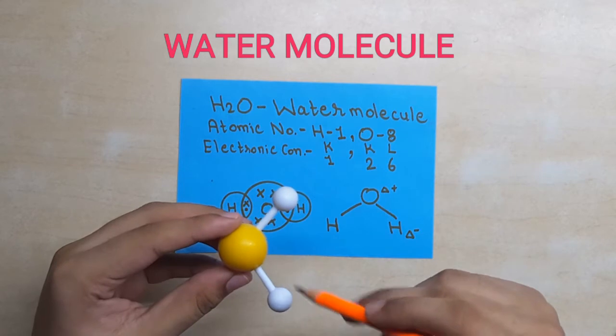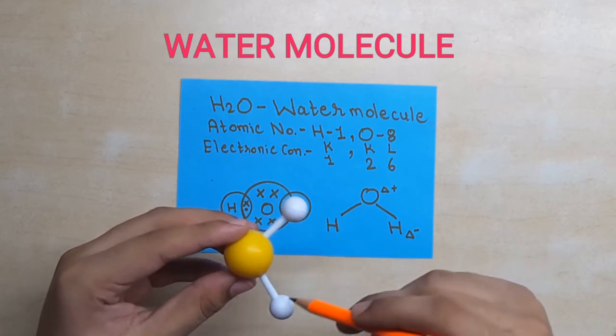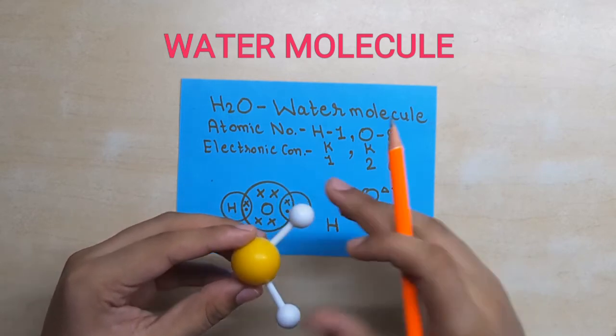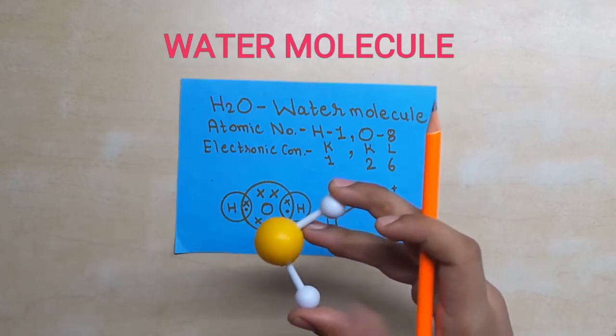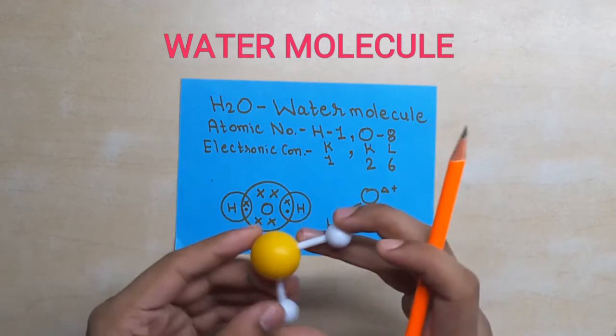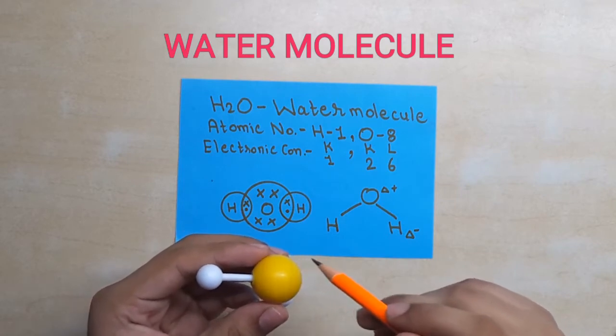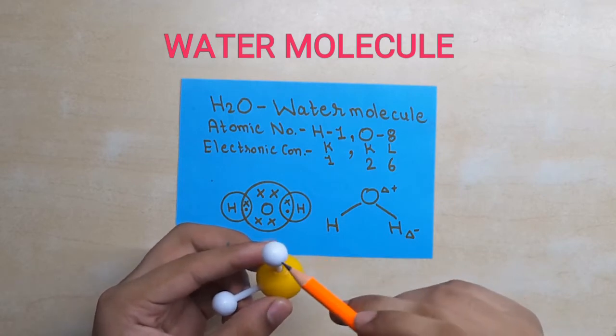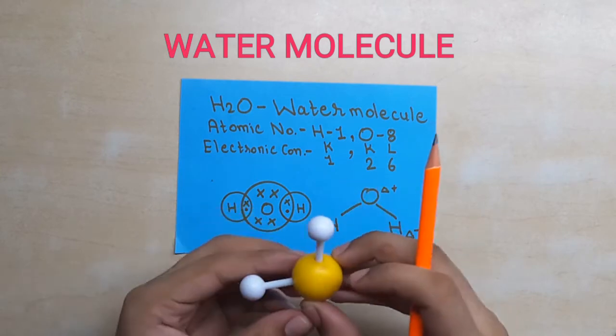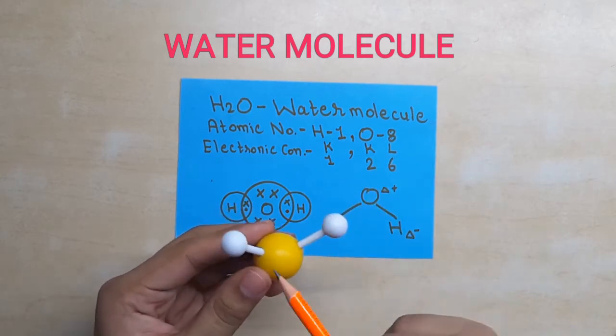It has 2 hydrogen atoms here on one side, and this is because the lone pair and bond pair repulsion is higher than the bond pair repulsion.